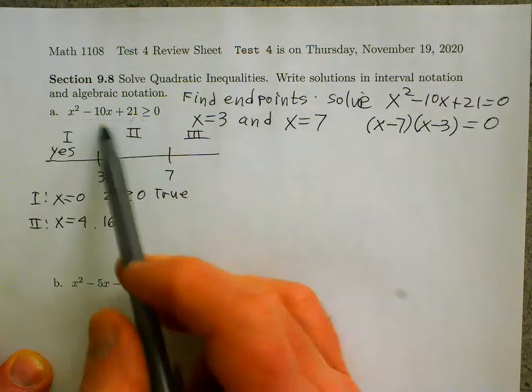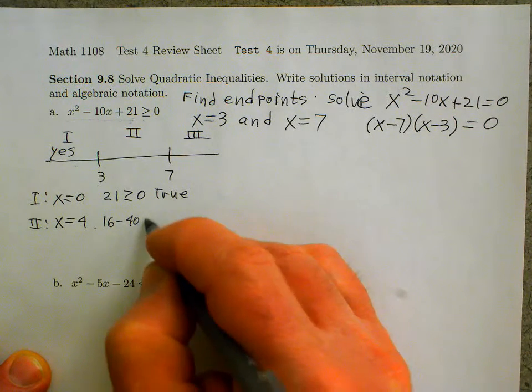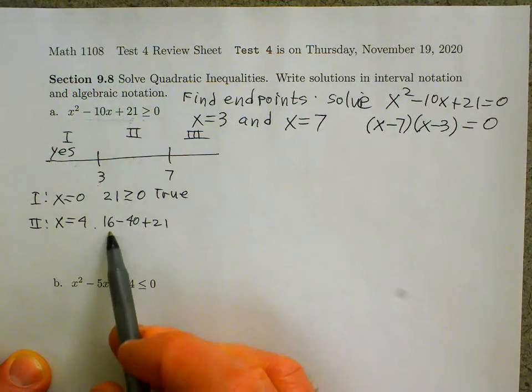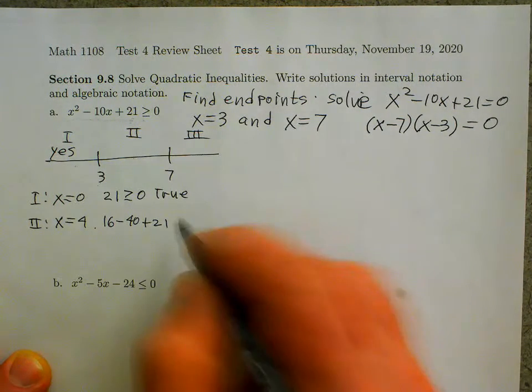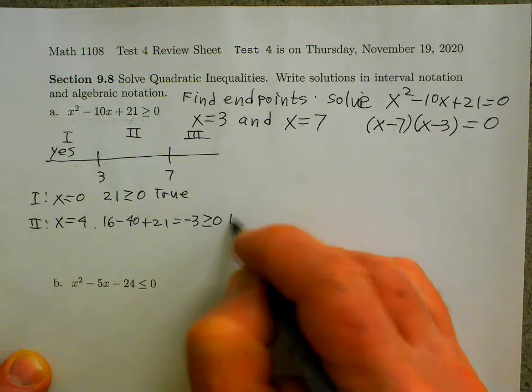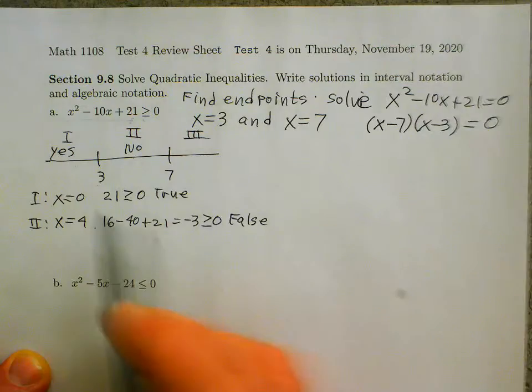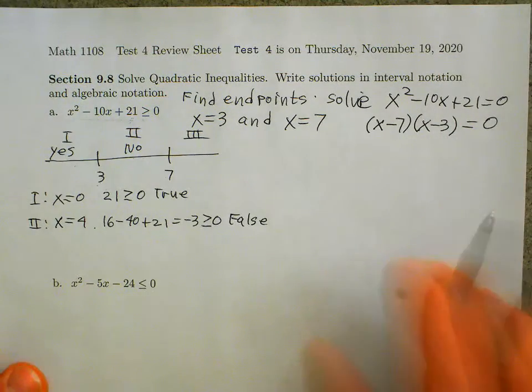And then minus 40. And then plus 21. So we get negative 24 plus 21 is negative 3, but negative 3 greater than or equal to 0 is false. So none of the numbers between 3 and 7 are solutions.